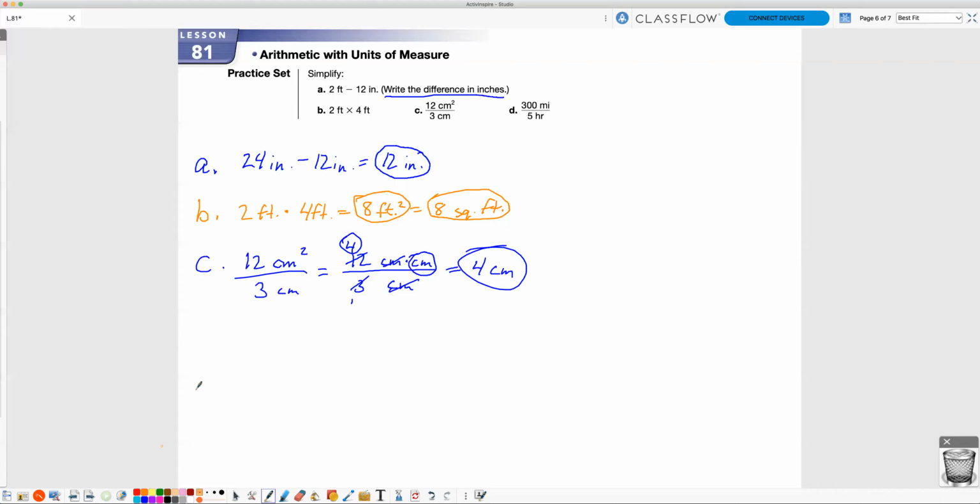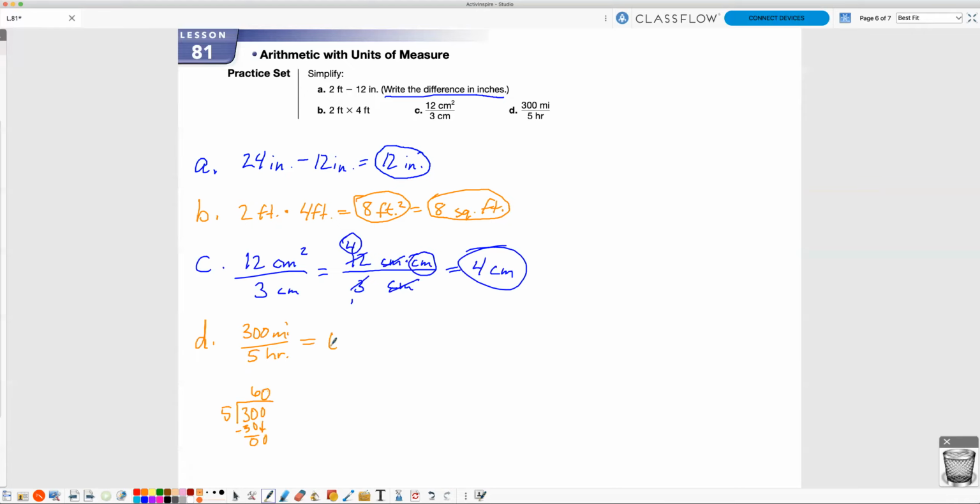And then letter D, 300 miles divided by 5 hours. So again, I just do the division here. So I'd have to do 300 divided by 5 for the numbers. I'd see that 6 would go into 30, and there'd be nothing left over. Bring down the 0, 0.